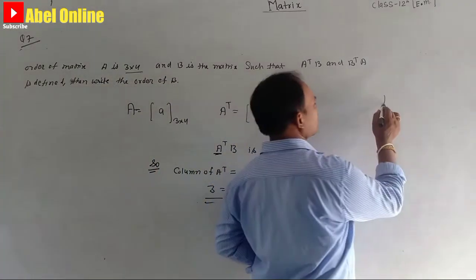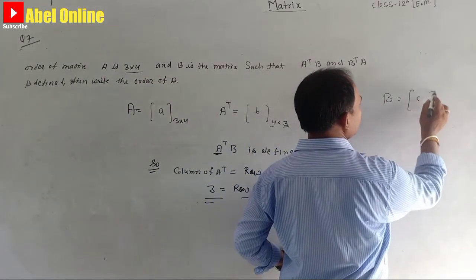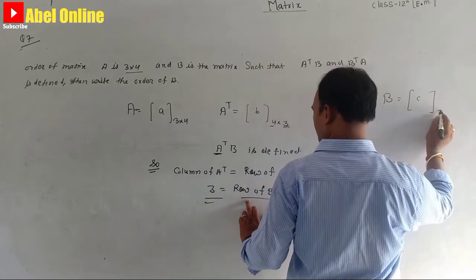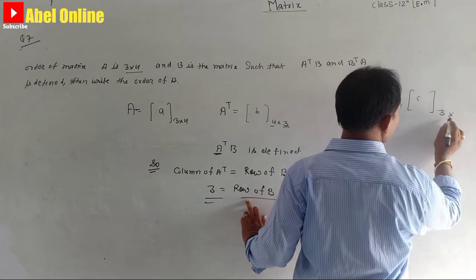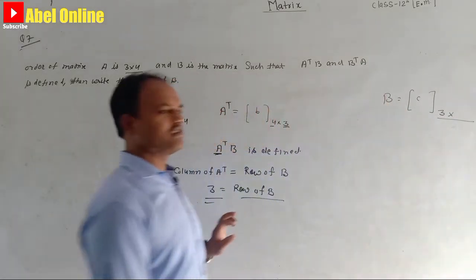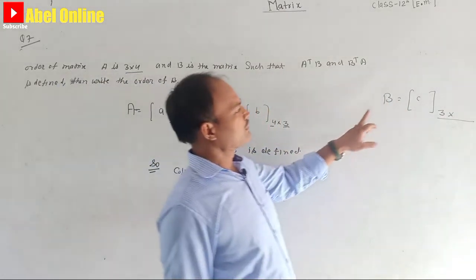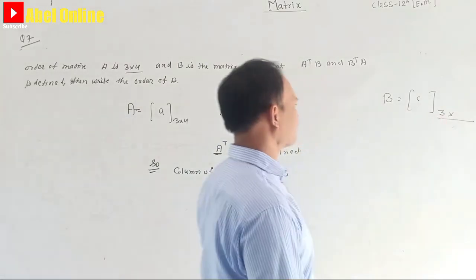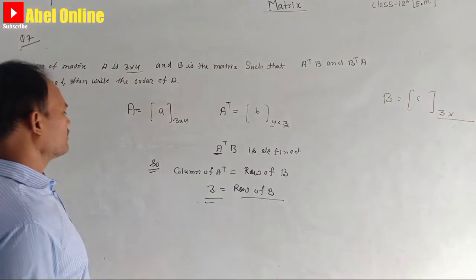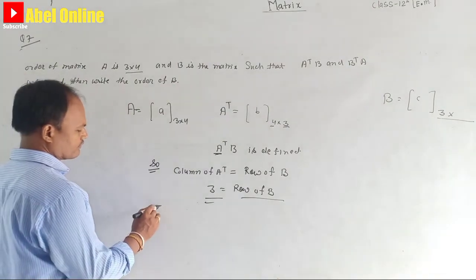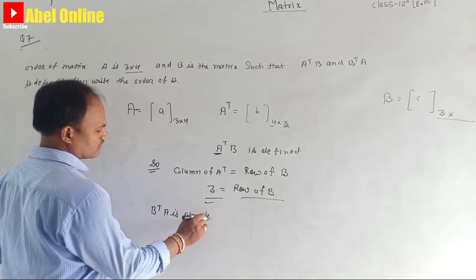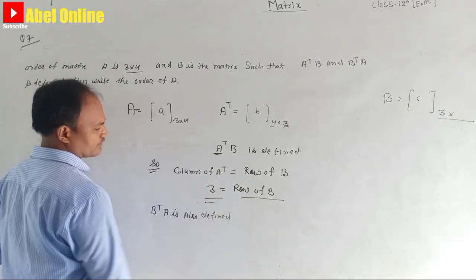Suppose B is a matrix. What is the row of this? It is 3. Now it is clear that the row of B is 3. Now B transpose A is also defined.